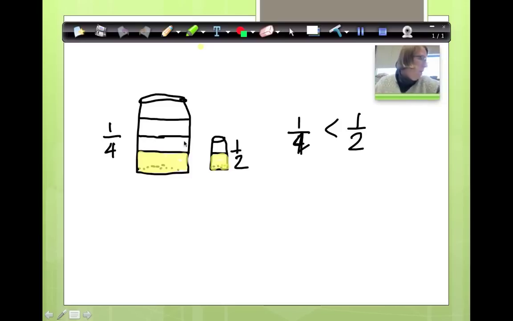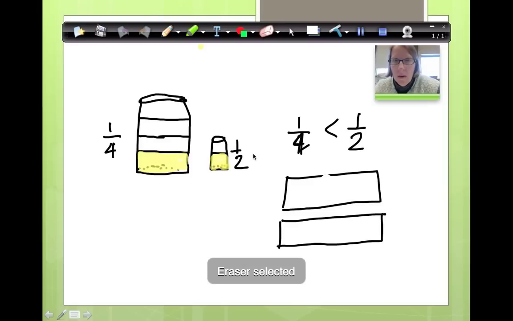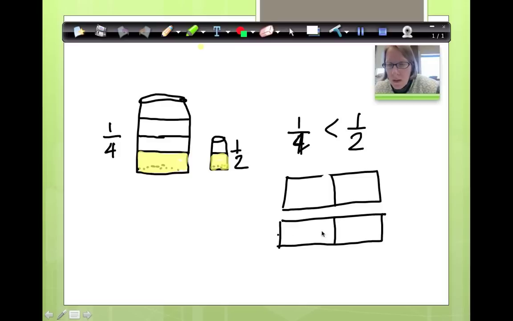What I would also like you to see is that this would make sense over here. It doesn't make sense here because this cup is bigger and this cup is smaller. This would make sense if everything was the same size, or pretty darn close. So if I cut this one in half, and I can cut this one in 4, I'm going to cut these two in halves.